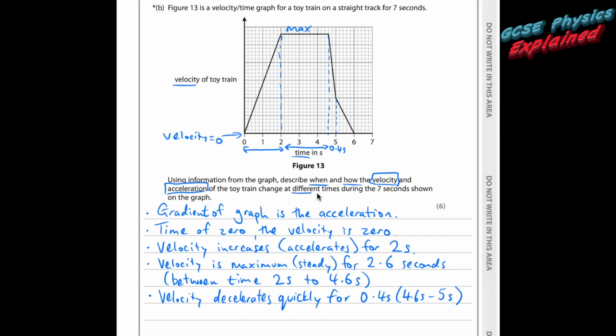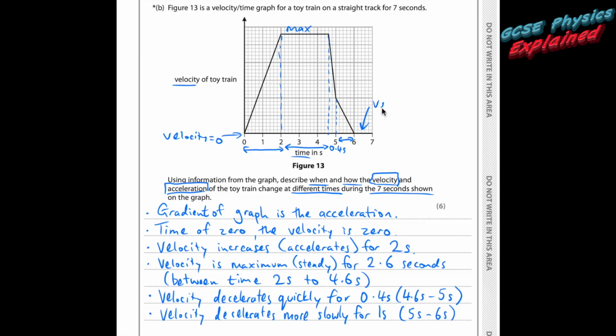They've asked us to say what was happening at the different times. And finally, it decelerates again, but more slowly, between 5 to 6 seconds. So the velocity decelerates more slowly for 1 second, between 5 and 6 seconds. And they want to know for the full 7 seconds, so let's not forget this last little bit.